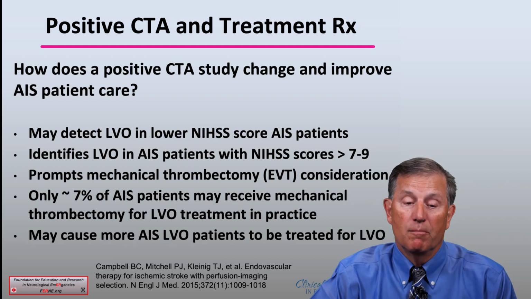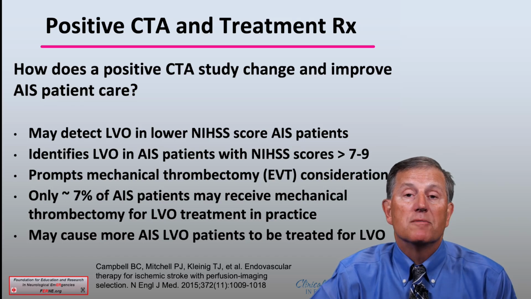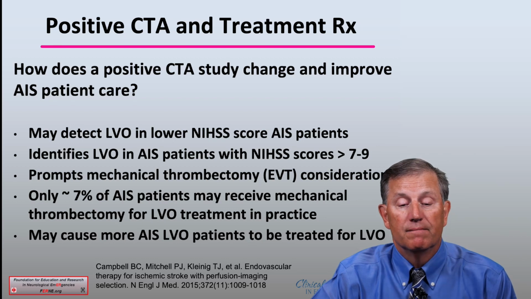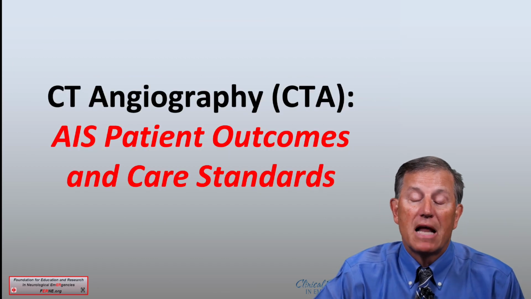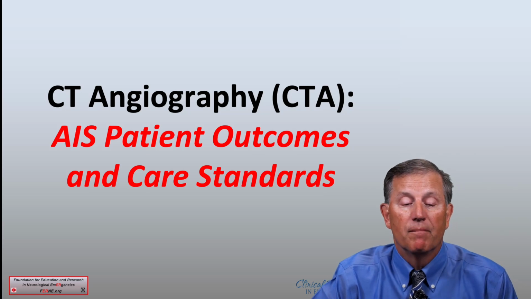But what is most important is the ability to determine with a CTA that there is a thrombus or embolus in a large vessel. It may cause more of these AIS LVO patients to be treated aggressively for the LVO using EVT.